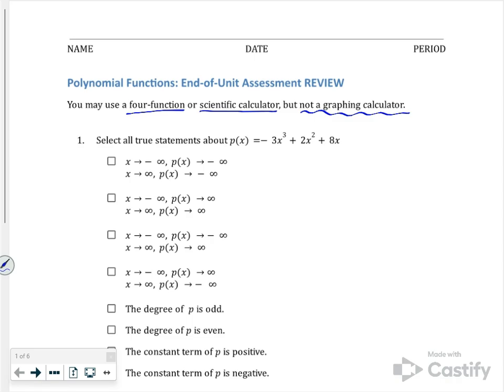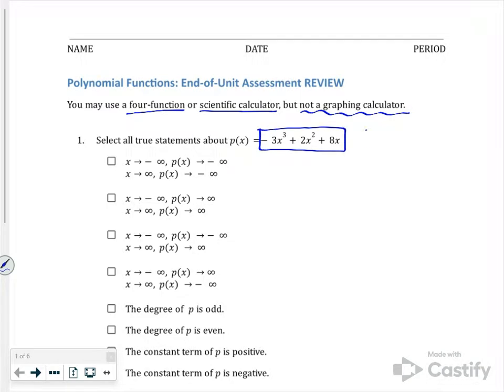Okay, so the first question says, select all true statements about P of x. Before we start looking at our options, I think it's important to understand this polynomial and what it tells us.